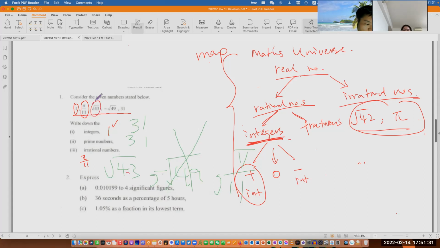Square root 43. You have to figure out square root 43. Are you getting non-stop numbers? I think so. So square root 43 is irrational. Next, negative 7 is under negative integers, so I should put it here. It's very tricky.